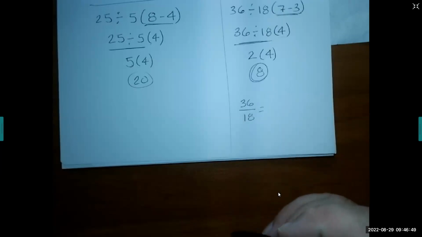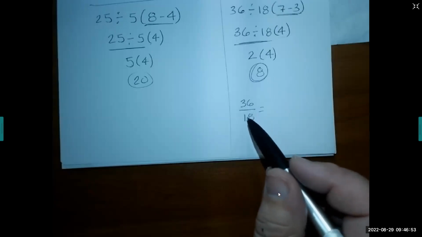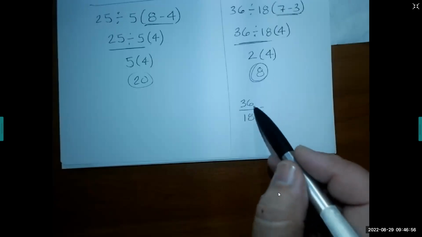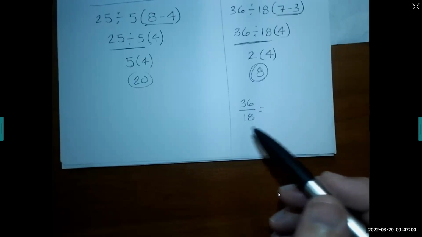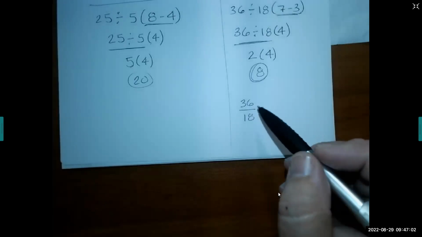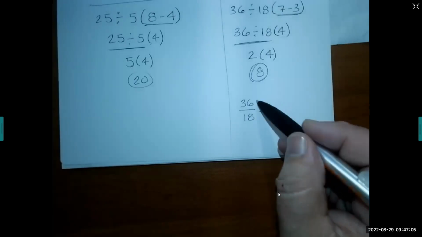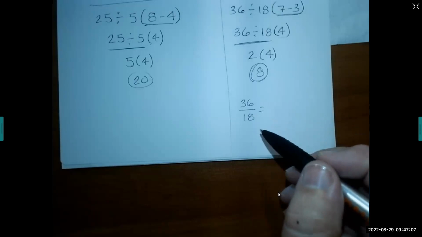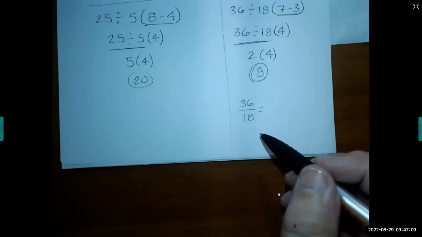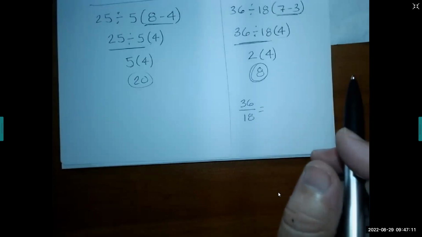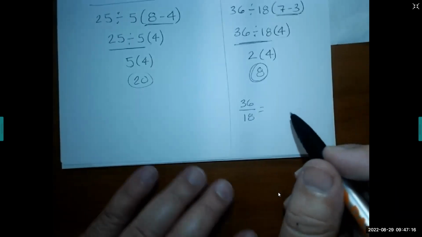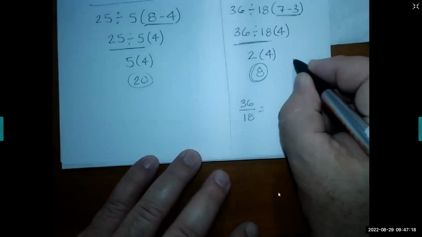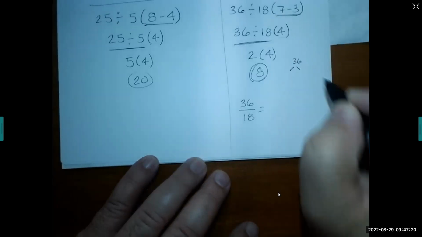We can break them down further because they're positive, even numbers. How do we know they're even? The last digit is an even number or 0. If the last digit is a 0 or an even number, that means it's at least divisible by 2. It's a composite number. So what is 36 made up of?